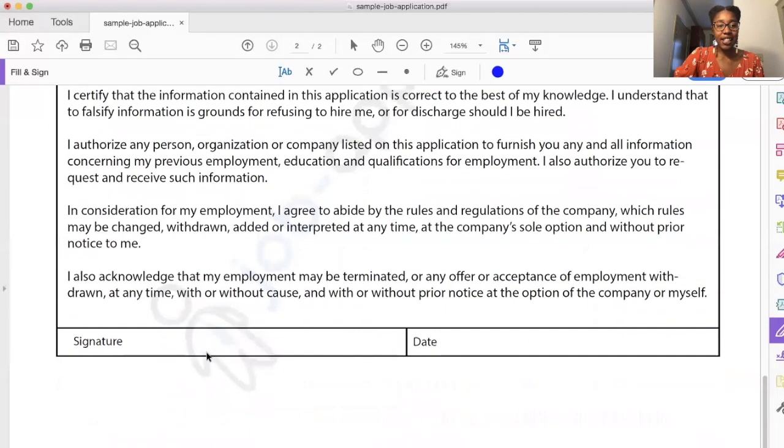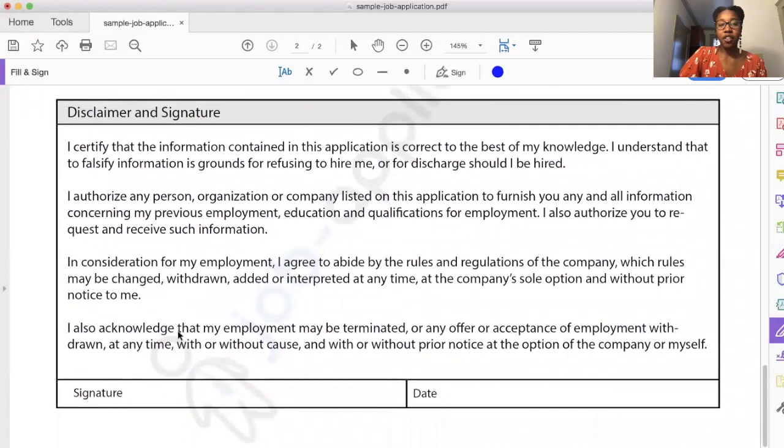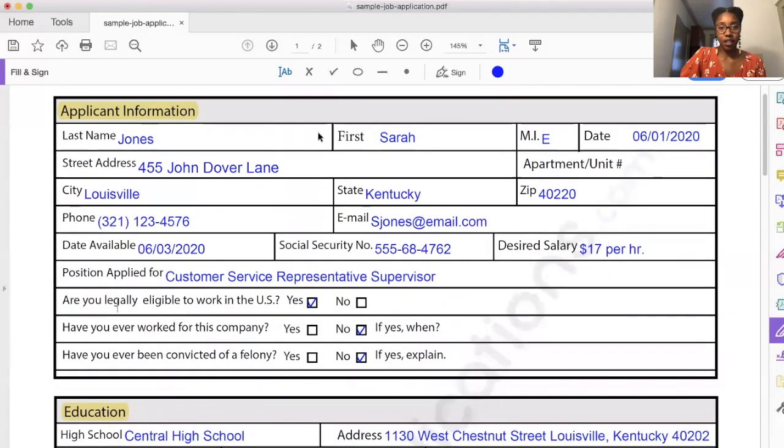So the last thing we will do is acknowledge or read any other information from the employer and to make sure that all of our information is correct.